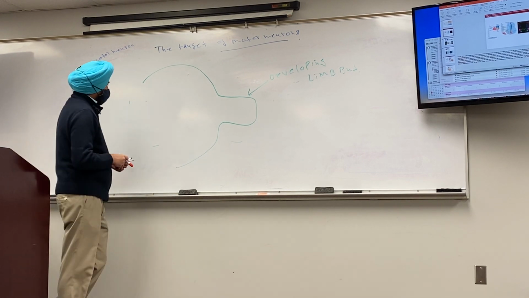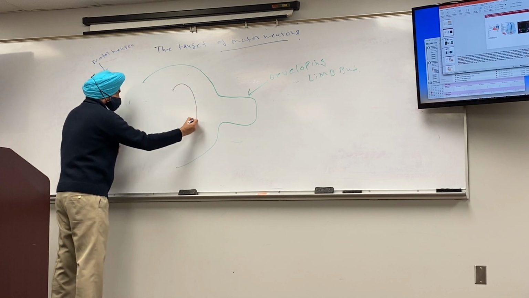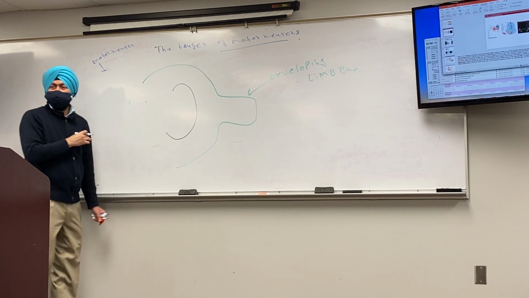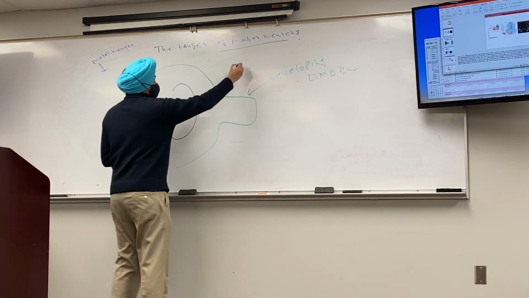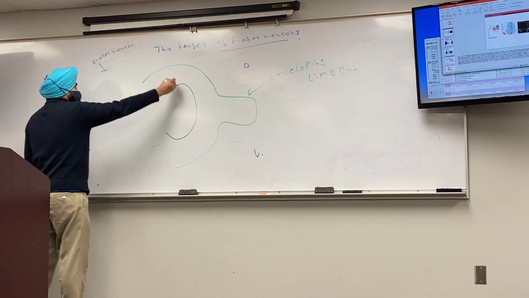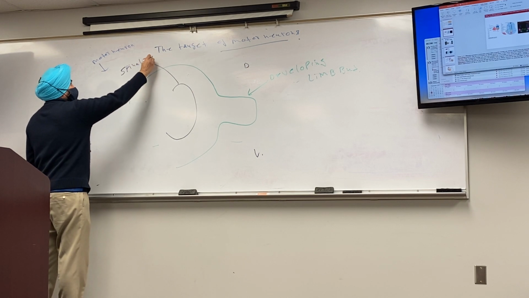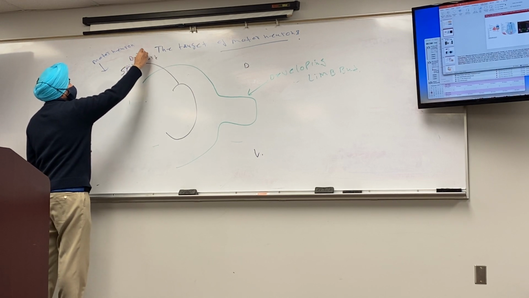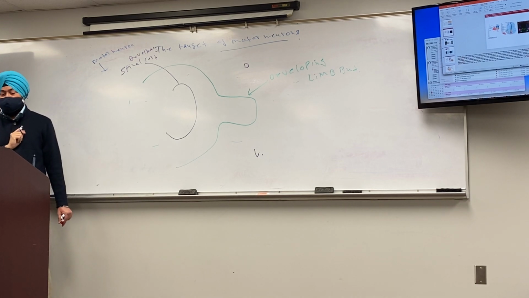And then right here is your spinal cord, which is also developing. This is the dorsal side, this is the ventral side, and right here is the spinal cord. Again, this is also developing, but the motor neurons have formed by this stage.